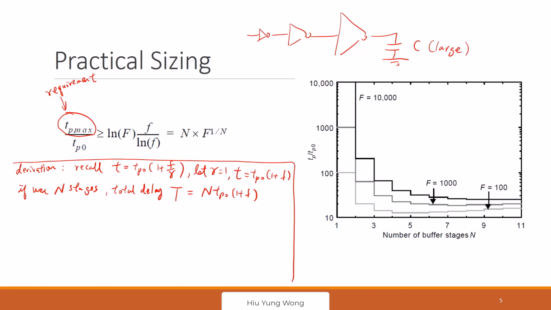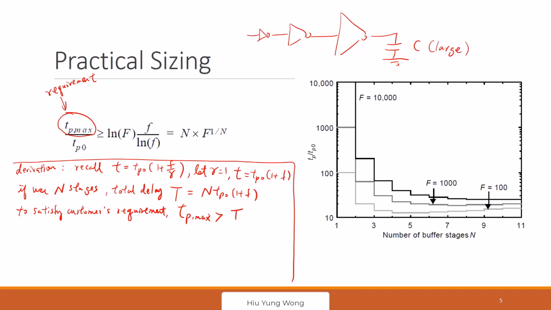Now this n, if we want to satisfy the customer's requirement, we want it to have TP maximum larger than T, correct? We need to make it so it's larger than T.